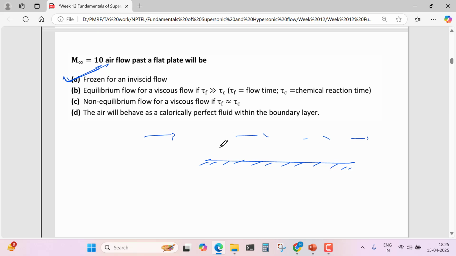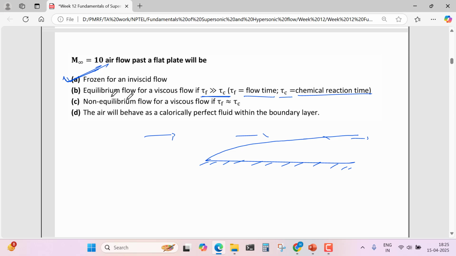Now let's say viscous flow is there. Then for the viscous flow there will be a boundary layer. And if tau f is greater than tau c, it means the flow time is very much greater than tau c, the chemical reaction time, then the flow will reach equilibrium.